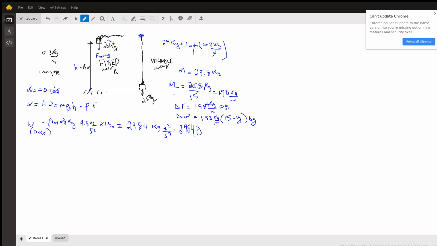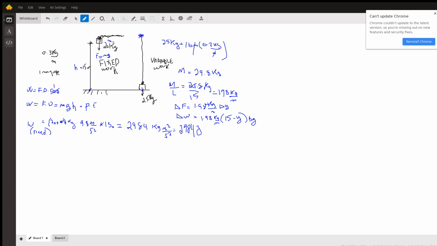So if I am to integrate this, what would be the bounds? So the work is going to be the integral of 1.98 times 15 minus y dy. And what would be the bounds? From 0 to 15 meters. Those are your bounds. Okay.